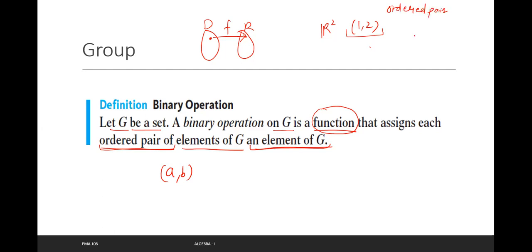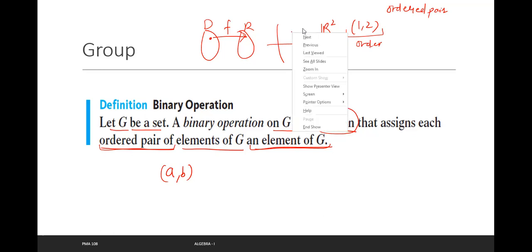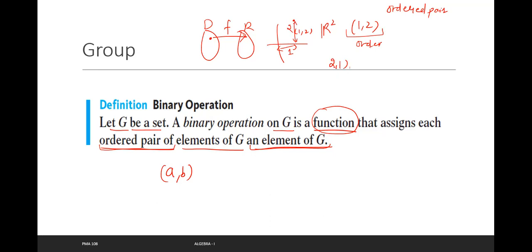Right, we call it an ordered pair because the order is important here. Think geometrically: the point (1, 2) means this is 1 and this is 2 units, and if I change the order the point will be (2, 1), which is somewhere else geometrically.